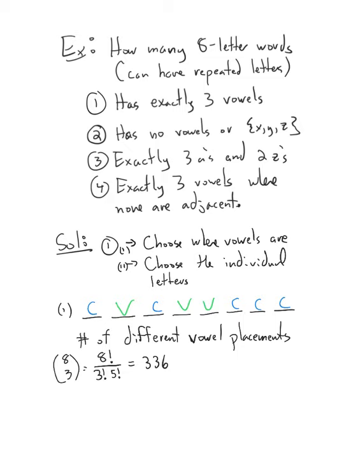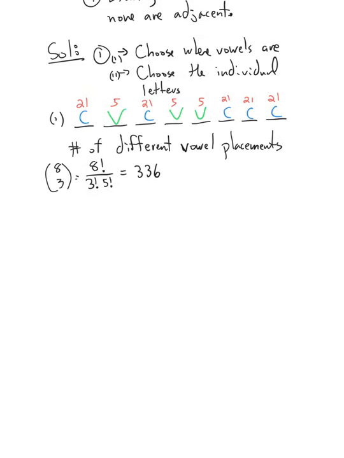So there are, maybe I'll use a different color, I'll use red, 21 consonants to choose, 5 vowels. In total, it doesn't matter where these consonants or vowels are, there's always the same number of choices for them. Remember, our choices here are independent.